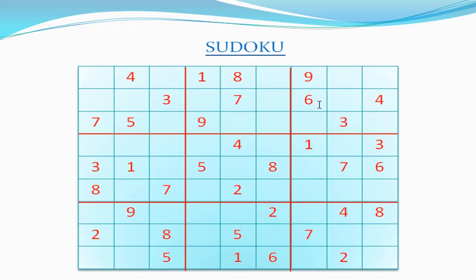How will I do that? I'll see how many possibilities I have to place this 7. I cannot place it here because in this row I have already 7. So I cannot place one more 7 here. So these two tiles are not available for 7. I will reject these two tiles.